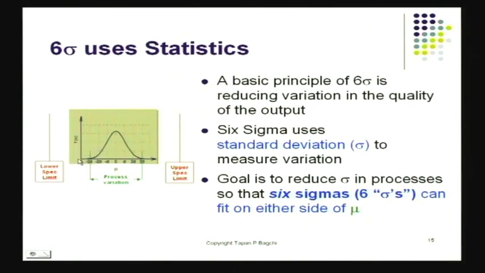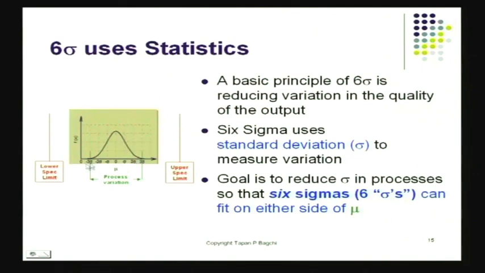A Six Sigma process is so tight that from the midpoint, the upper specification limit and the lower specification limit are 6 sigma away. It's quite a bit away. For almost all items with this distribution, with mu being the mean and sigma squared being the variance, most of the production is going to be confined in this area.